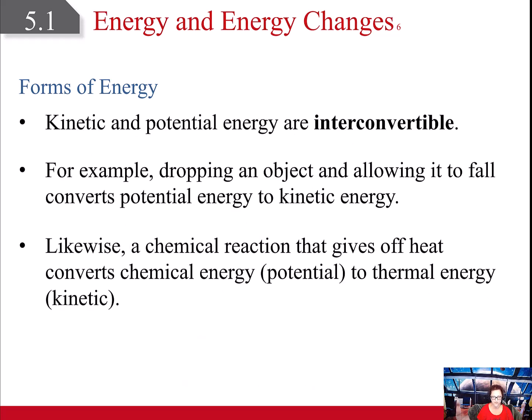Kinetic and potential energy are what we call interconvertible. What does that mean? Okay, so it means that we can convert one to the other. All right, so in chemistry, in a chemical reaction, we can give off heat, which will convert chemical energy to thermal energy. One is potential, one is kinetic.